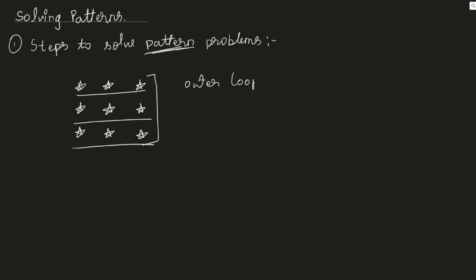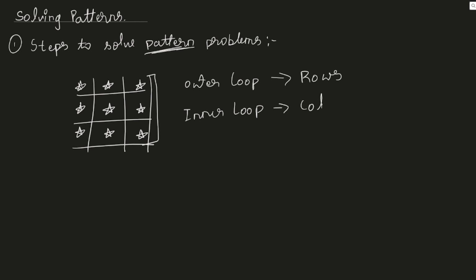The outer loop represents rows, and these are represented by the inner loop, that is columns. I hope this is clear. Now let us see the steps.